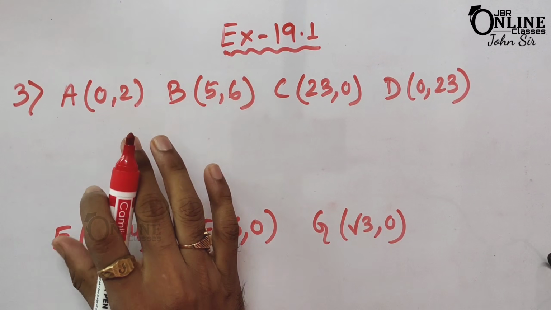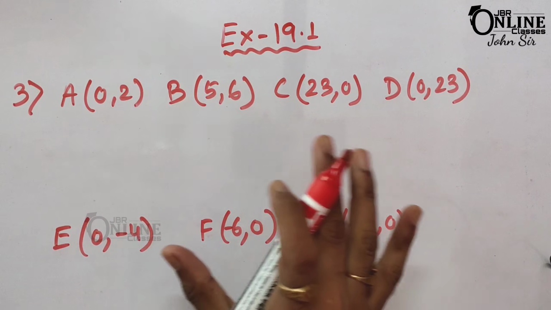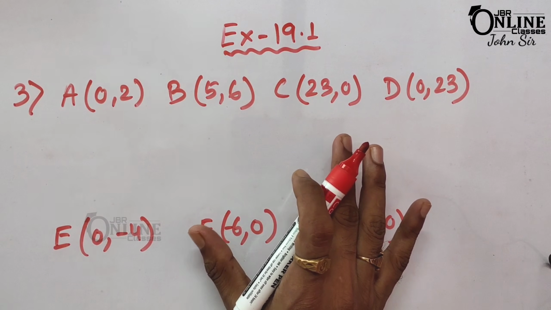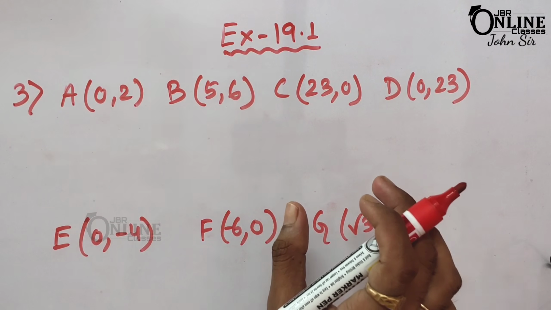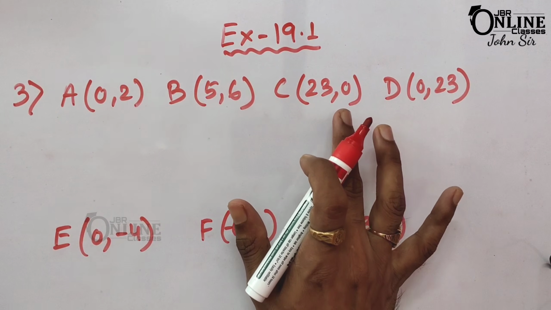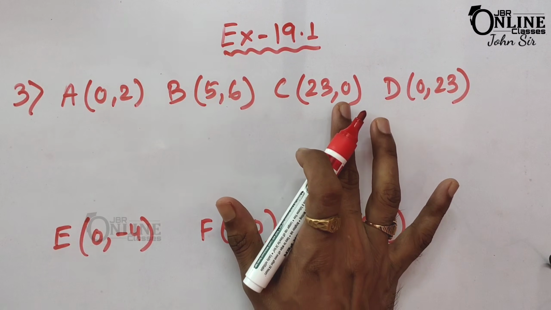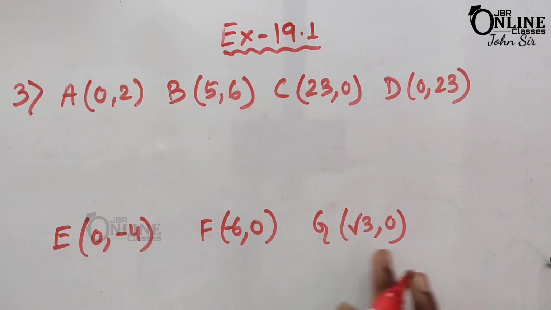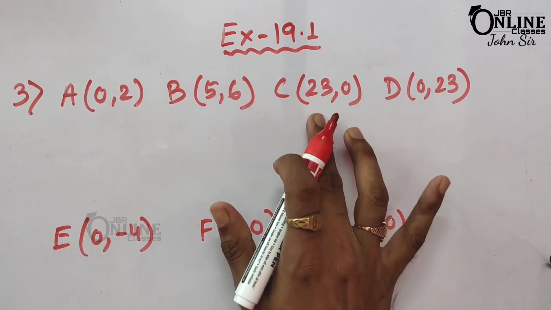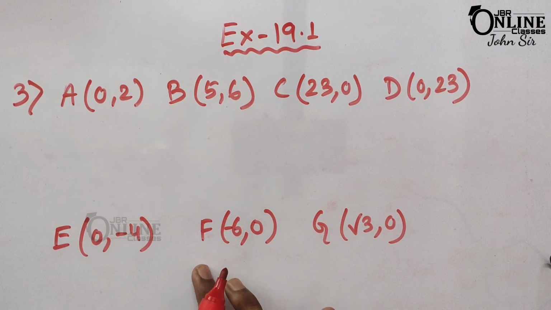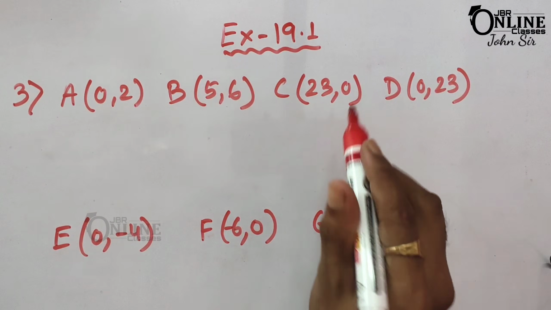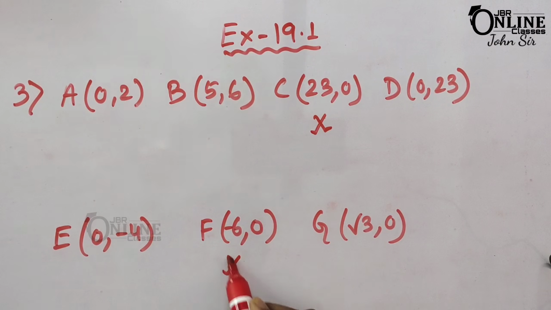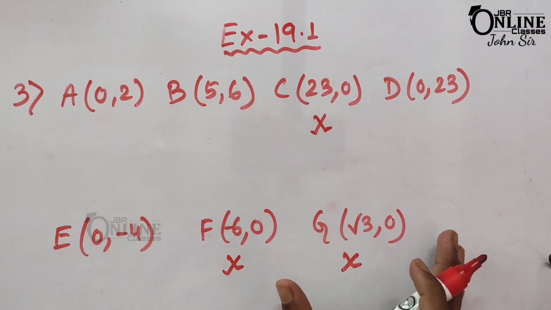Now the next one, sum number 3: which of the following points lie on the x-axis and y-axis? Whenever a point lies on the x-axis, the ordinate part will be 0. Here the ordinate part is 0, here also 0, and here also 0. That means these 3 points C, F, and G lie on the x-axis.